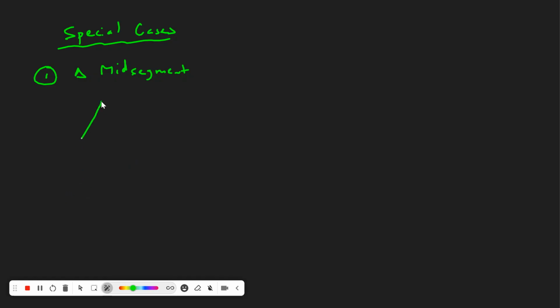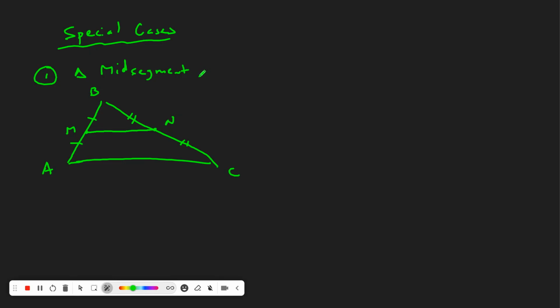So again, I'll draw that triangle ABC, just like we had before. But now let's put M and N right in the middle. So M is the midpoint of AB, so congruent markings here. N will be the midpoint of BC, so double markings here, and there we go. There is segment MN.